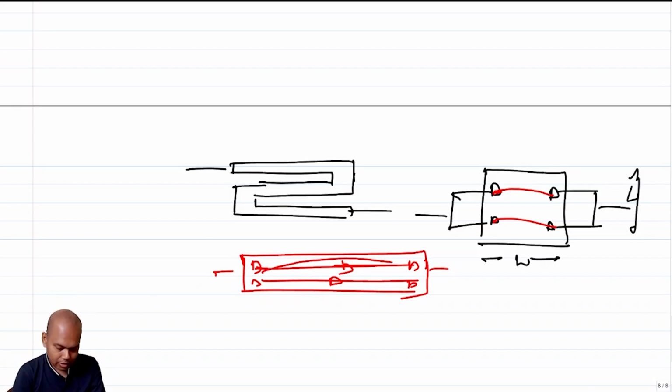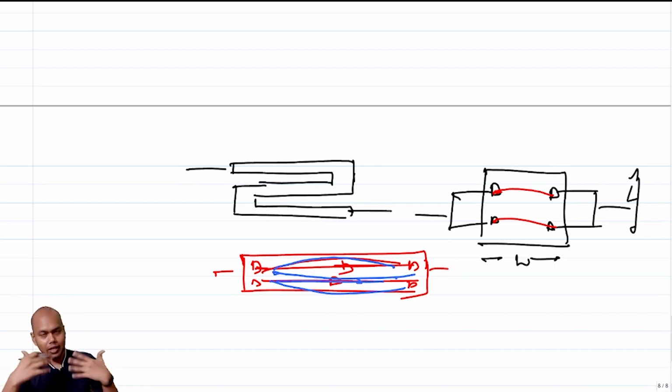So in the resistor, the current can flow like this. It can go like this. It can go like this. It can go like this. And the error that you encounter because of the asymmetric distribution of current leading to an error in the value of the resistance is minimized if you do that, right?